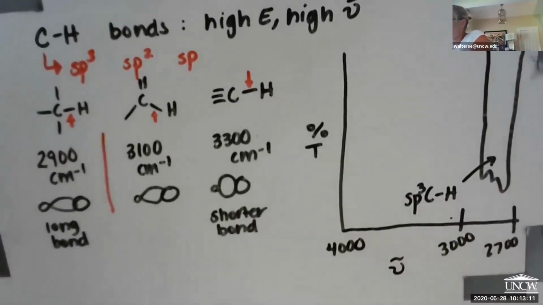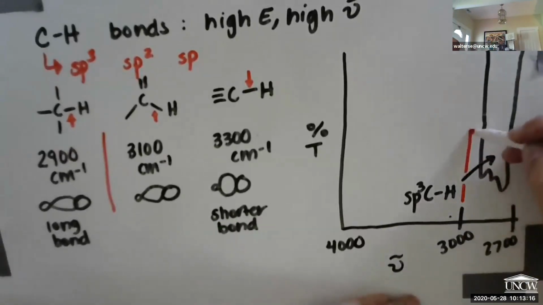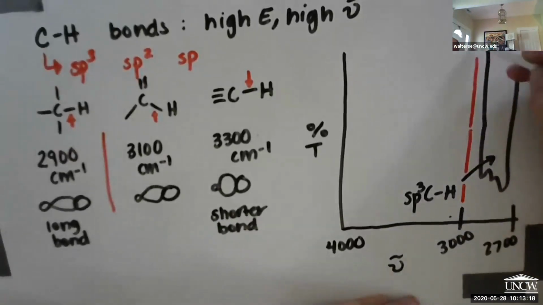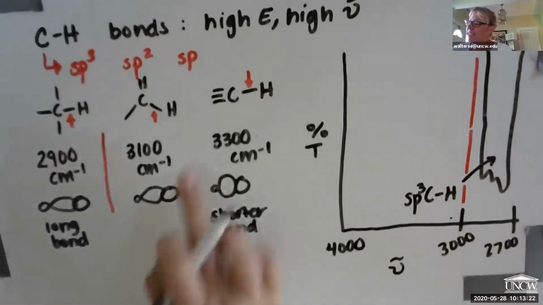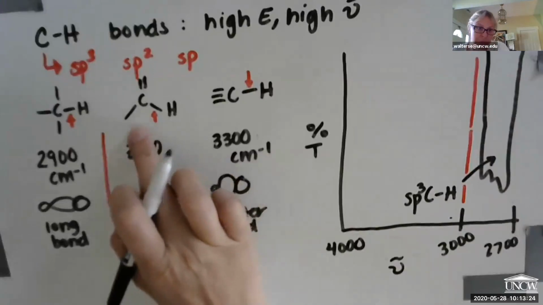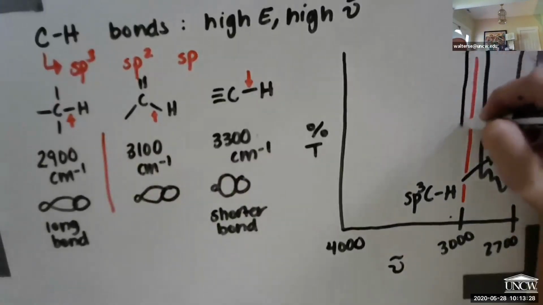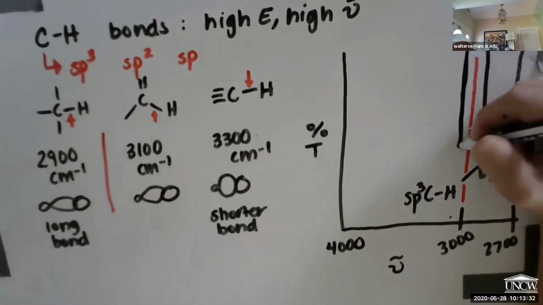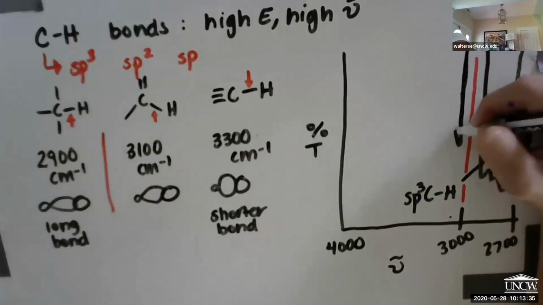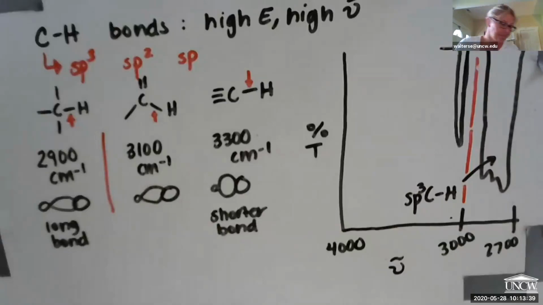Now, what you can do is always extrapolate up from 3000 and have a line, because the alkene sp2 carbon to hydrogen bond is usually right on the other side of 3000. Like that.